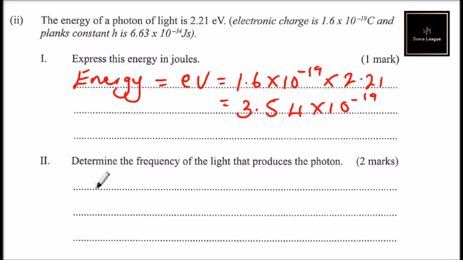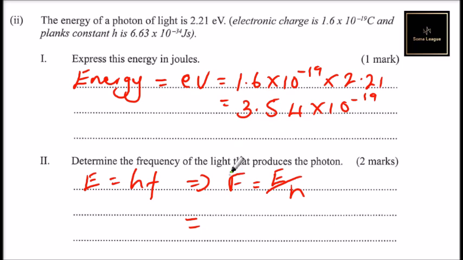Part 2, determine the frequency of the light that produces the photon. So energy is equal to hf, implying that f is equal to E divided by h.